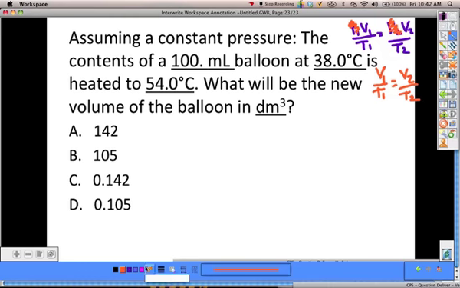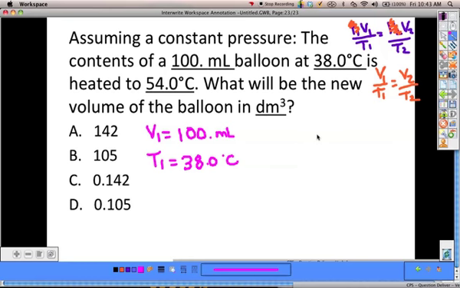I'm going to start looking at what my different variables are. So the 100 milliliter balloon, that's my first volume. So V1 is equal to 100 milliliters. And we have a temperature one equal to 38.0 degrees Celsius.